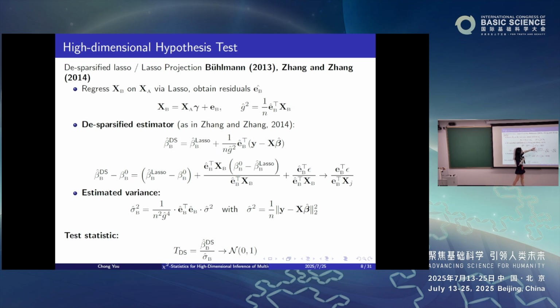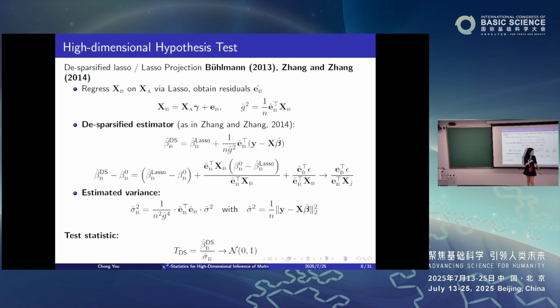So the EB estimated here has double orthogonality: it is orthogonal to XA and also orthogonal to the residual here. With this double orthogonality property, we can find that the difference between the corrected Lasso and the true Lasso approaches this one here, and because those two are independent.